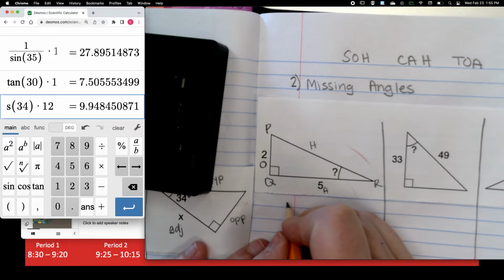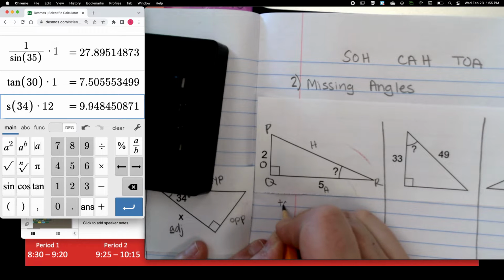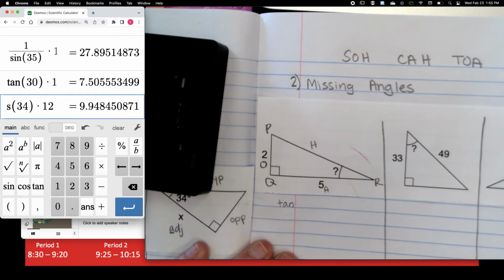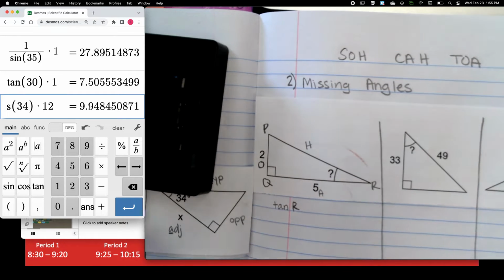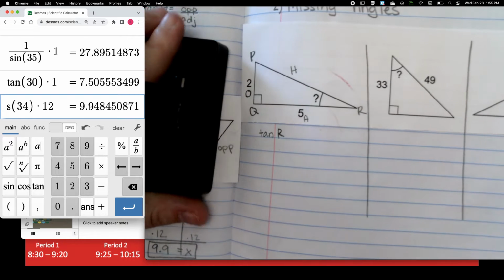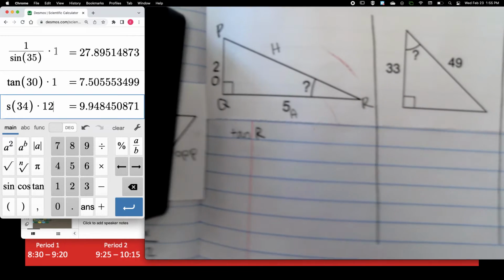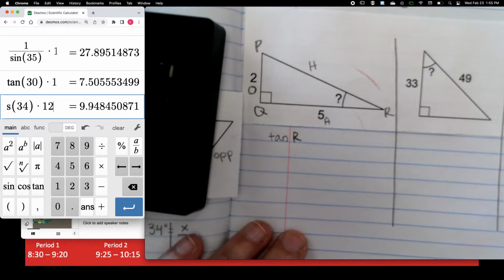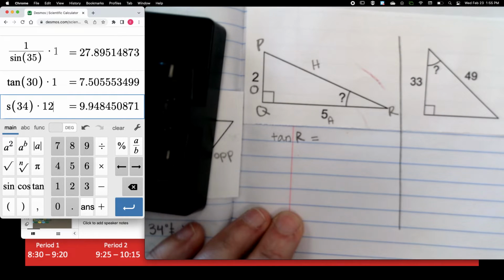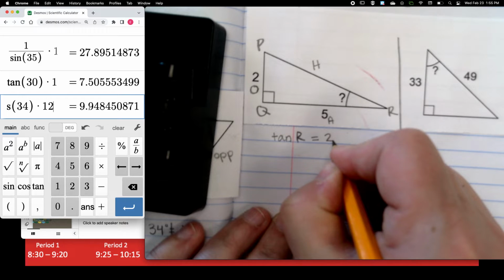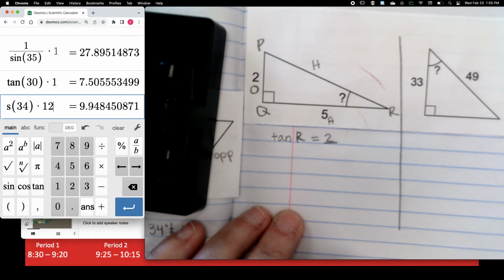So I'm going to write tangent of angle. What was our reference angle? R. We just named it R. You could put a question mark there if you want. Just normally we do put a letter there. So tangent of angle R equals, what is my opposite? 2 over my adjacent 5.